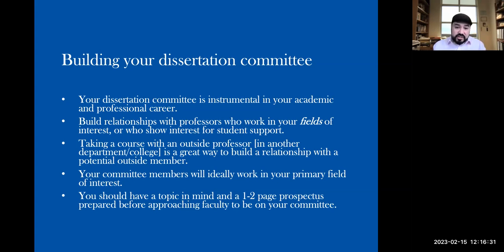They might also spark an interest in a course they took and want to develop that idea a little better. So it'll be a great opportunity to work with your chair on how you can build a dissertation committee with a member who is outside of your department or your program.